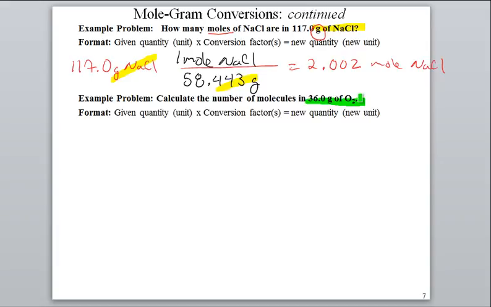If we have 36 grams of oxygen, we should have more than Avogadro's number of molecules. Make sure your answer makes sense. And don't confuse moles and molecules. They're 2 different units. So go ahead and start with this 36 gram quantity and figure out how many molecules of O2 are present. So pause the video, give it a try.